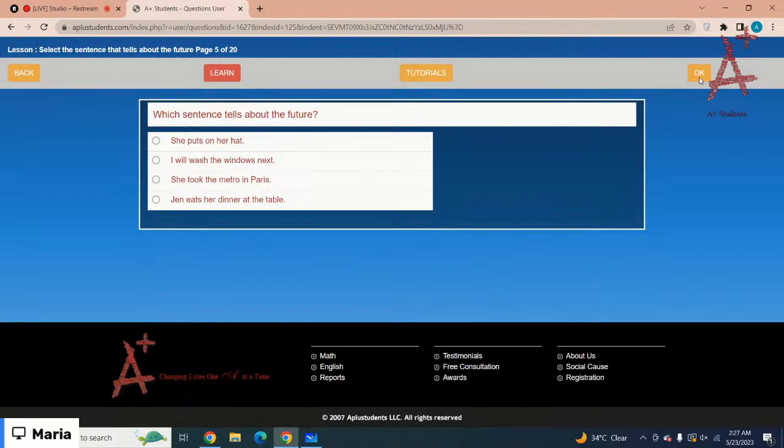So, it would be I will wash the windows next. Option number 2 is the correct option.